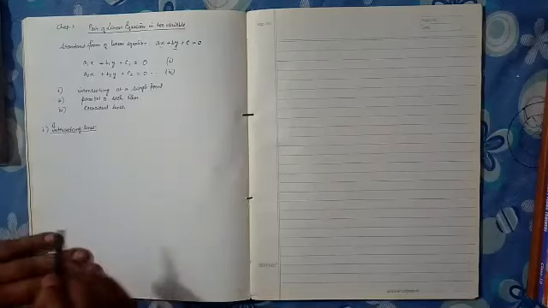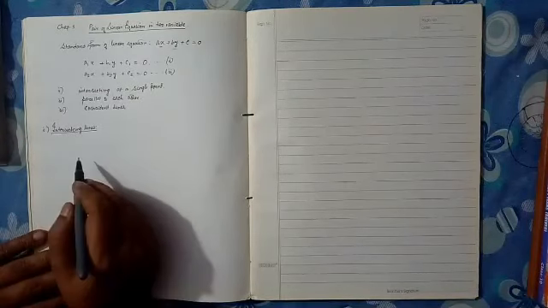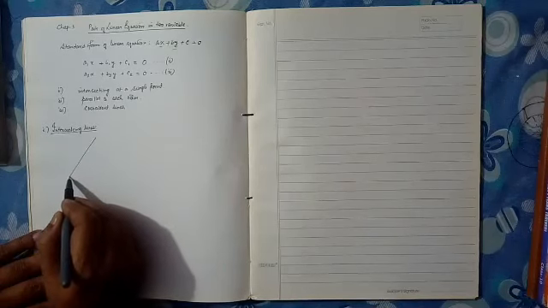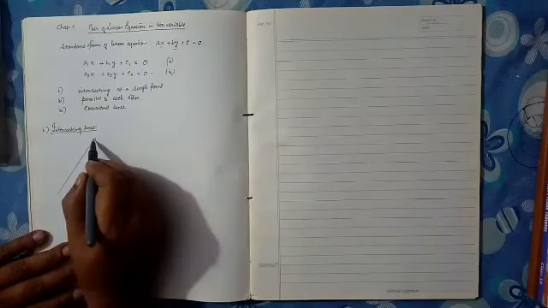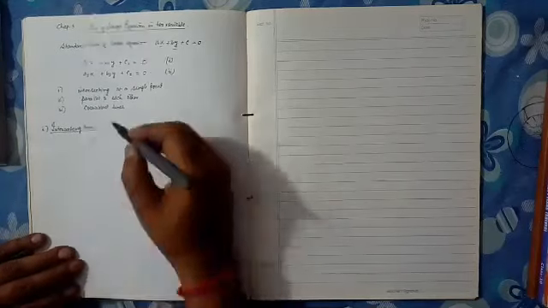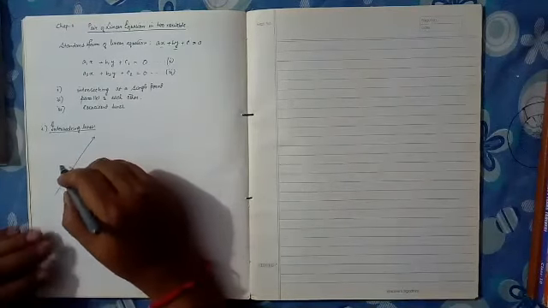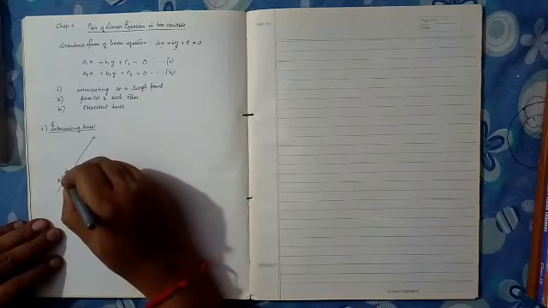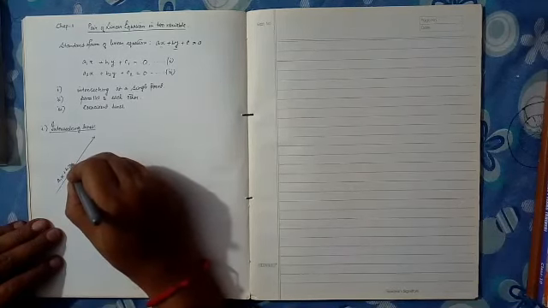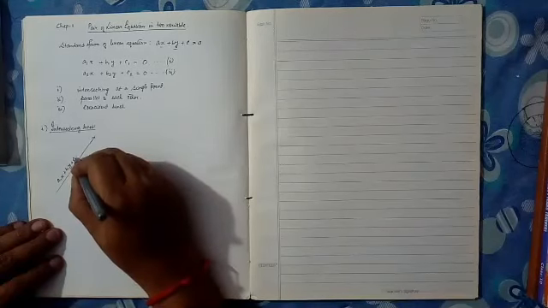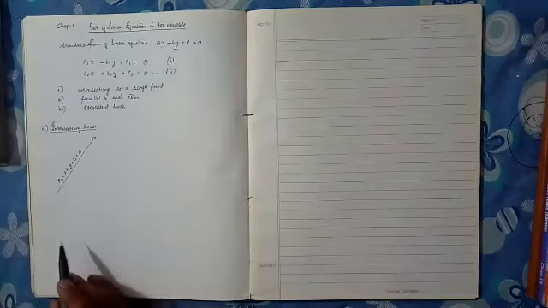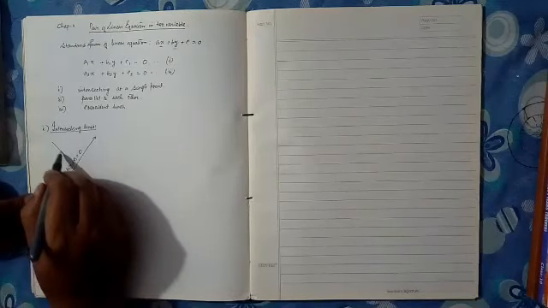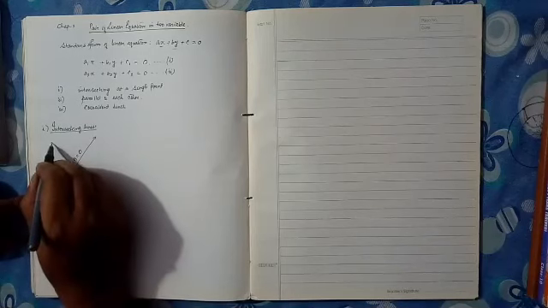Now, intersecting lines. Say this is the first line and it is represented as a1x plus b1y plus c1 is equal to 0. And another line is like this.